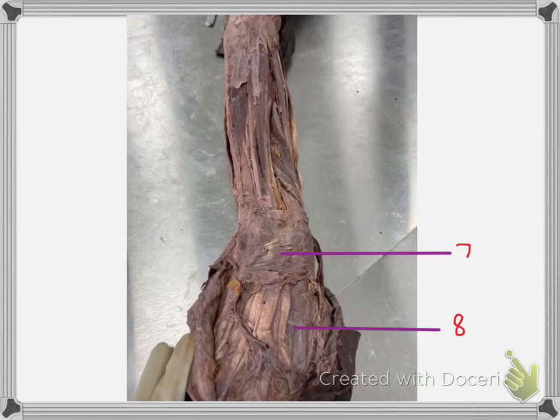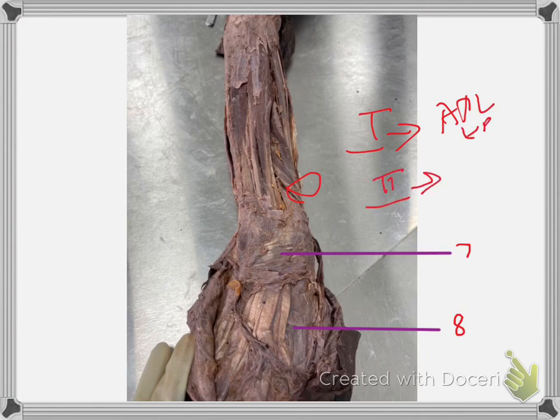And then 7 is extensor retinaculum. Already we have discussed the contents of the 4th compartment of extensor retinaculum. Once again, I'll discuss. The first compartment has the outcropping muscles, abductor pollicis longus and extensor pollicis brevis. In the second compartment you have the long tendons, extensor carpi radialis longus and extensor carpi radialis brevis.